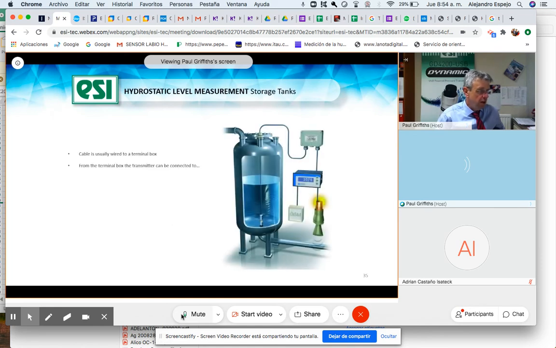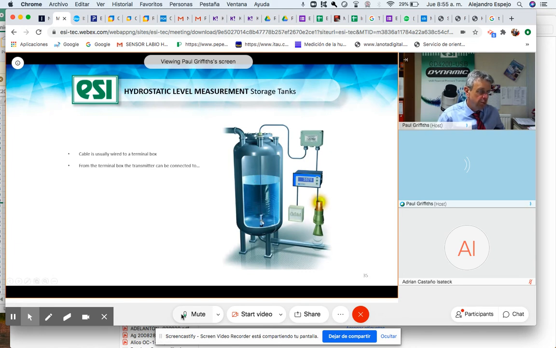So here's a typical application, where the transmitter is sitting at the bottom of the tank and is giving a signal to the control box here. And from there, in this example, the panel meter or the display is providing the power that goes to the transducer.